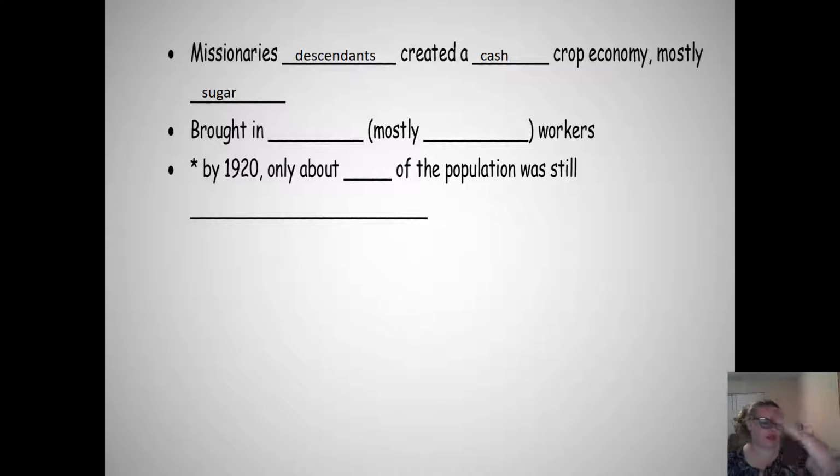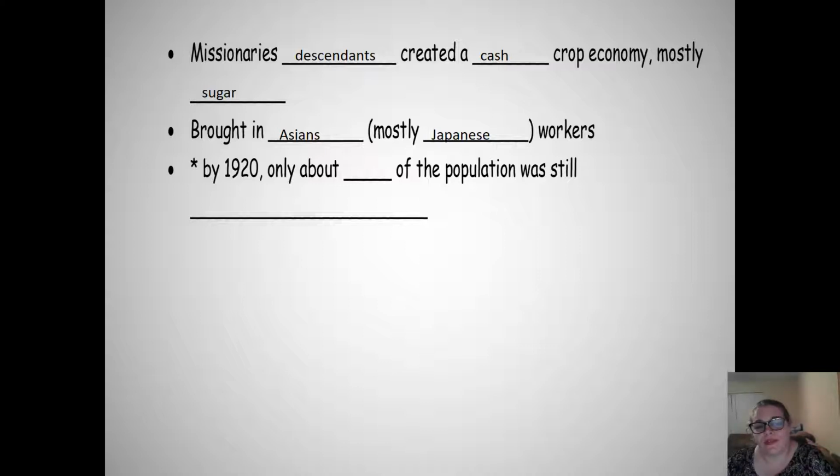The problem with this is that there wasn't a lot of labor available on Hawaii, mostly because the natives refused to work for the white people. So one of the things that the white missionaries' descendants will do is they bring in Asian immigrants to Hawaii, mostly Japanese workers. They bring them to Hawaii to work on these sugar plantations.